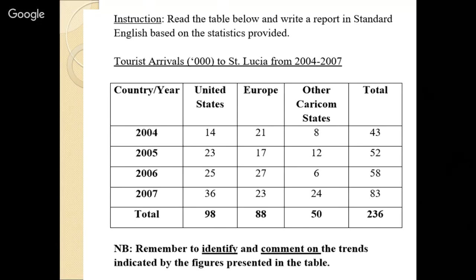Excellent, Andrews. Do we all agree? 2007 was the best year because this is the highest figure. And which year was the lowest year? Fabulous. So we're all in agreement. Which year was the lowest?